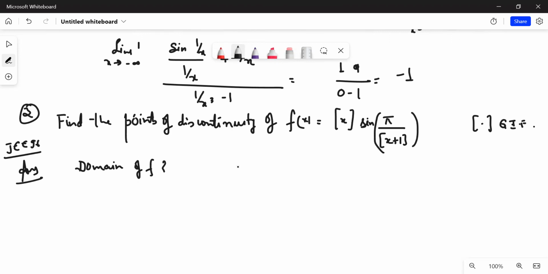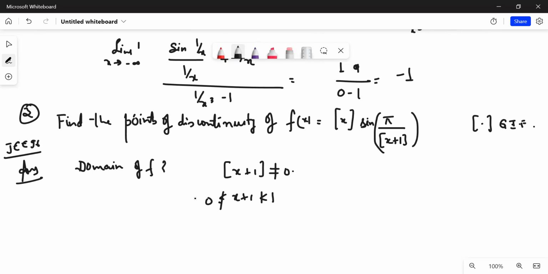So what do you think the domain of the function would be? Clearly one can understand that greatest integer of x plus 1 should not be equal to 0, right? Because if it is equal to 0, then there could be difficulties. Or in other words, x plus 1 should not lie between 0 to 1. Is that clear?